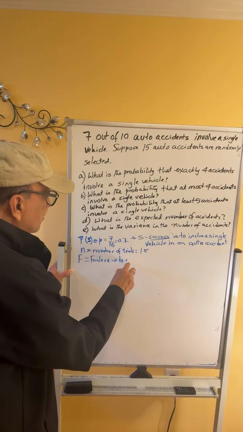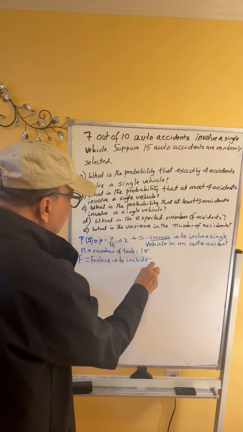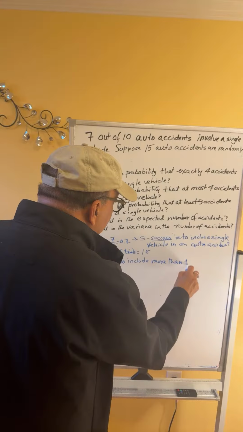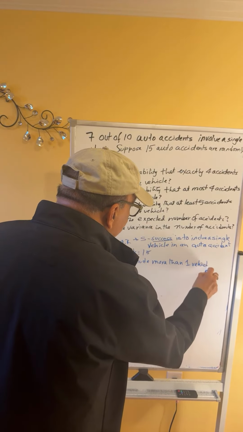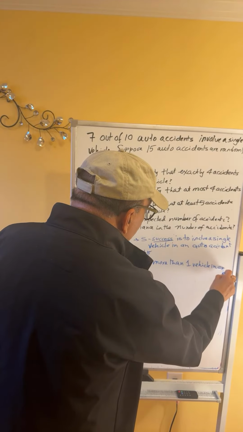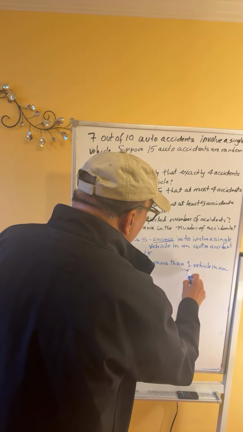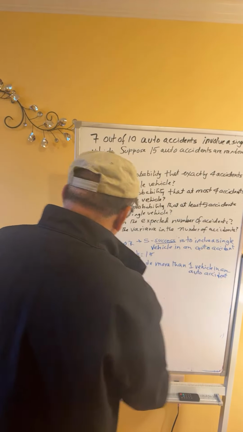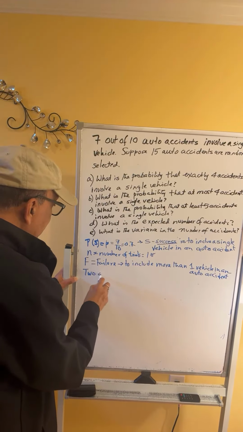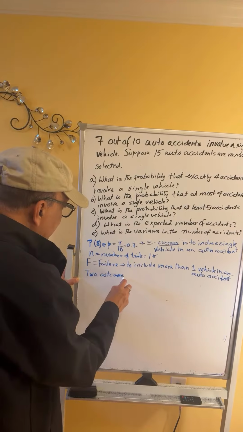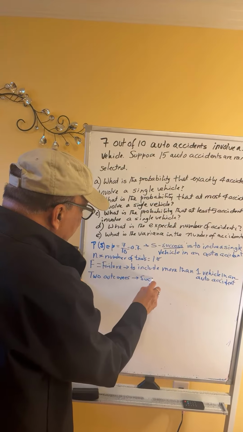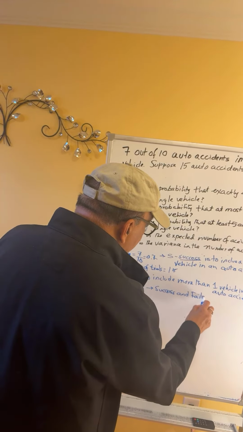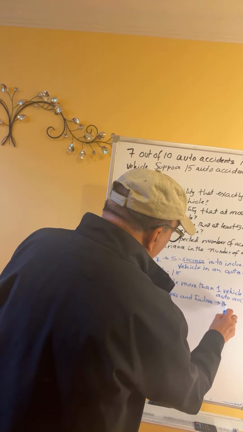So because there are only 2 outcomes possible, success and failure, this leads to a binomial probability distribution.